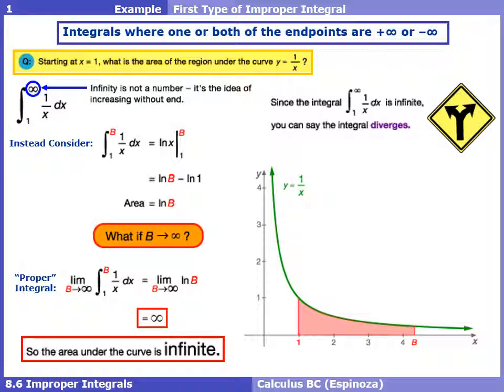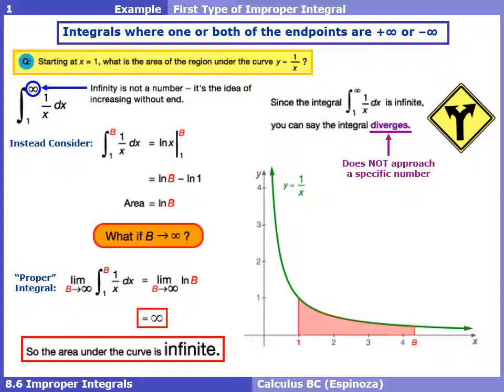Because this integral is infinite, because we got an infinity for our answer here, what we can say about this integral is that it diverges. This term diverges is going to be very important as we transition into chapter 9. So be sure that you take in this idea of what diverges means.